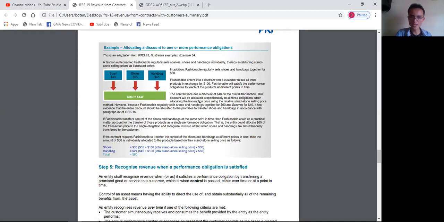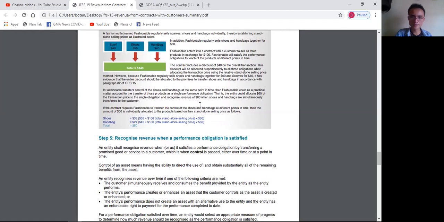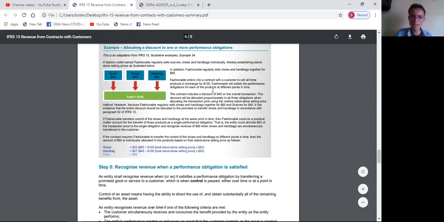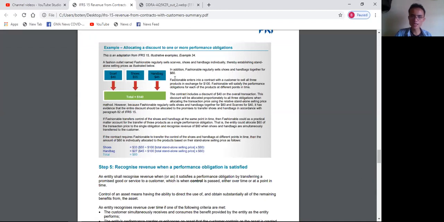Now, I'll just emphasize that it just so happened that we have the same amount of discount when I compared $60 with the combined price of shoes and handbag, which is $100, where the difference is $40.